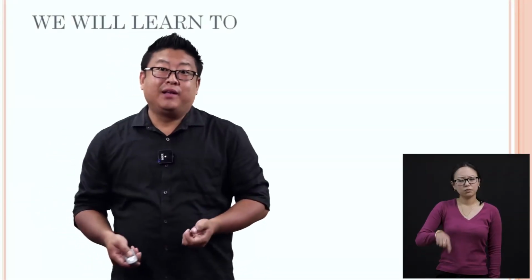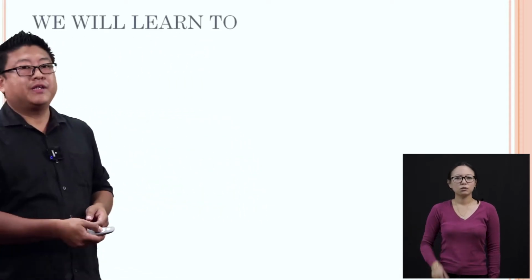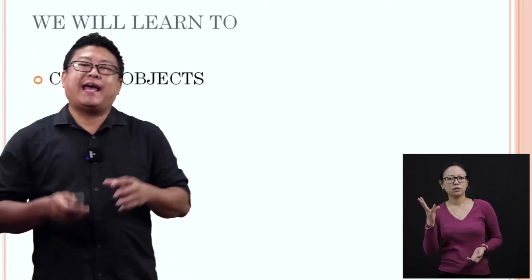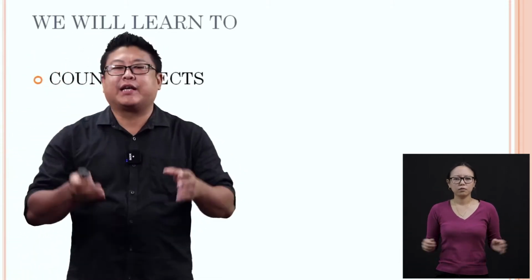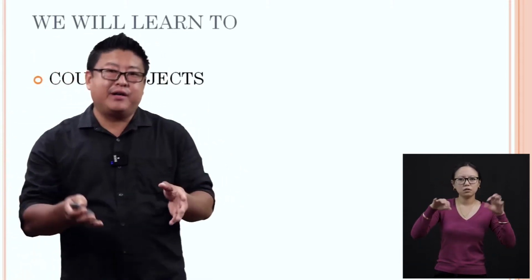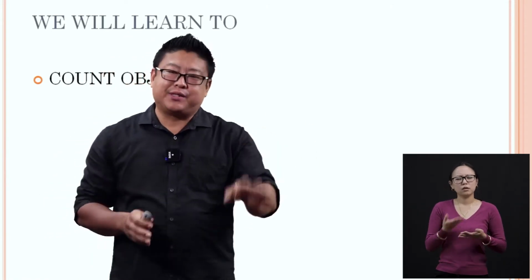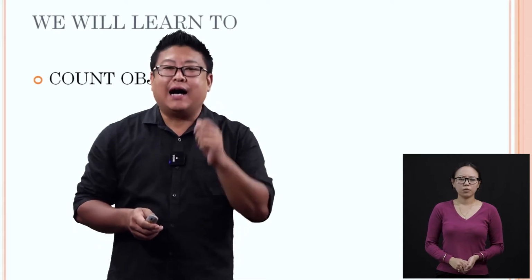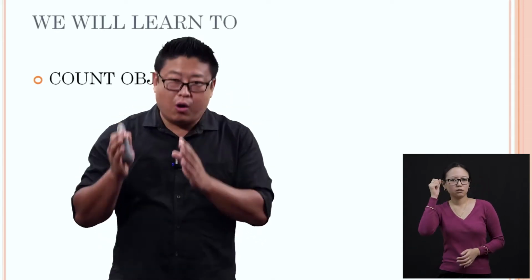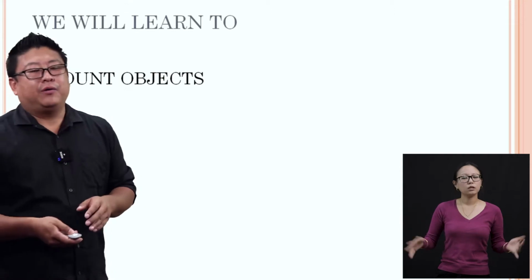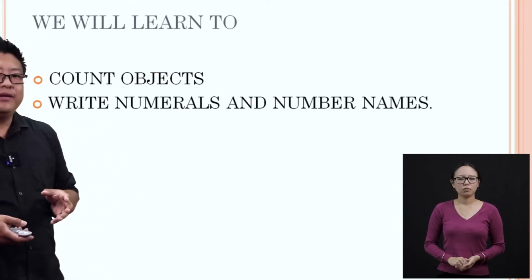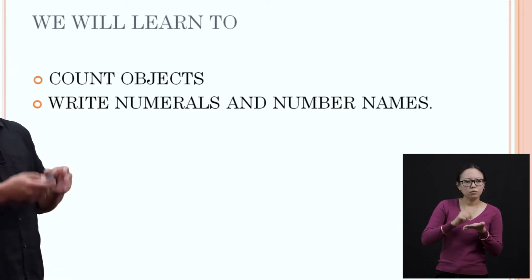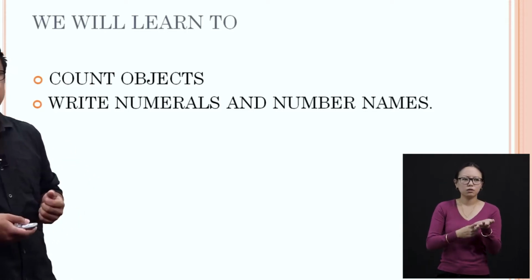So, today we will first learn to count objects. These objects can be anything. It can be plants, it can be animals, it can be birds, it can be anything that you see here. So today our main focus is to understand how to count objects, okay? The next thing that we will learn is how to write numerals and number names.